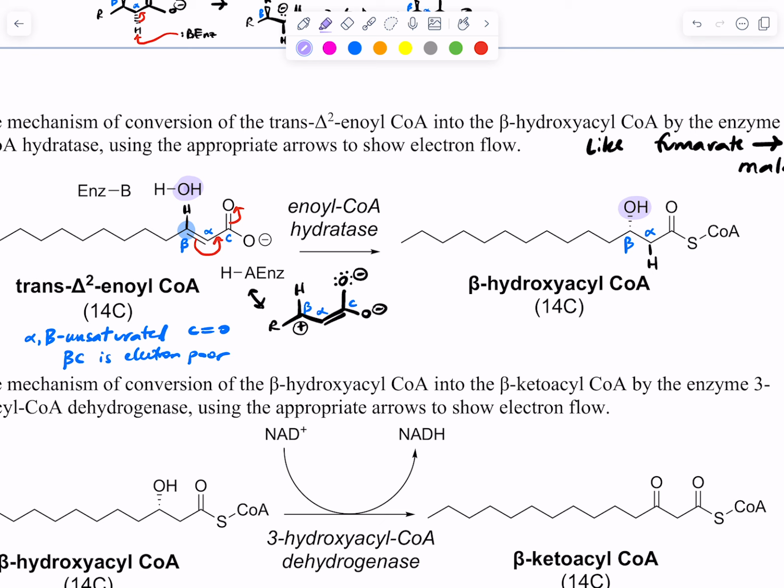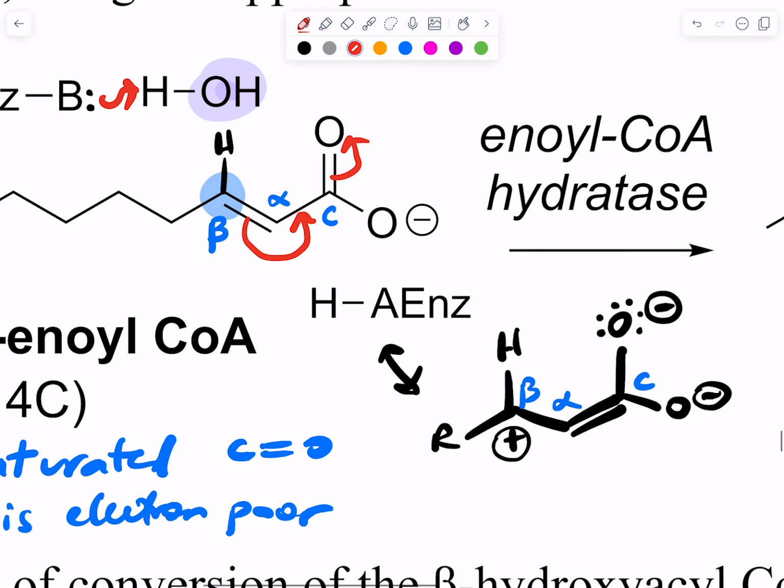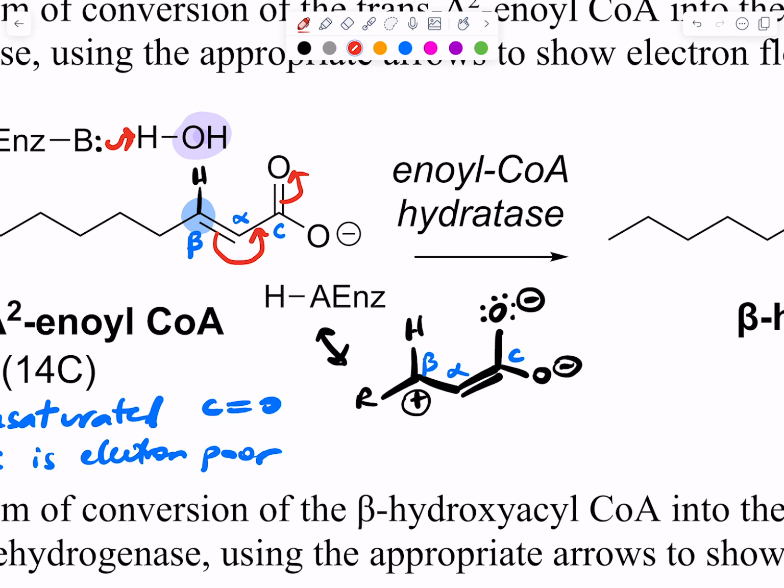Probably it was removed by a basic group in the enzyme active site. So remove the proton, then what? So the electrons in the bond between the proton that we just removed and the OH group, those should go attack the beta carbon, which we've said is electron poor.